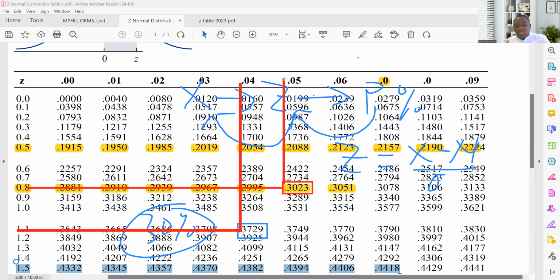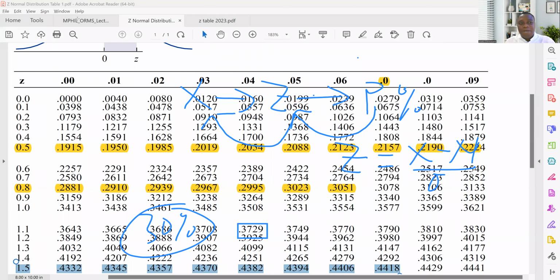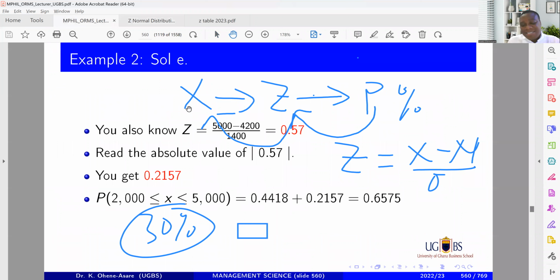If it is on the right of the mean, it is a positive value. The best way to understand this is to take an example. But the key point I want you to know is that once you know X, you can find the Z. Once you know the Z, you can find the probability. And once you know the probability or a percentage, you can move backwards and find the X. Let's take an example.